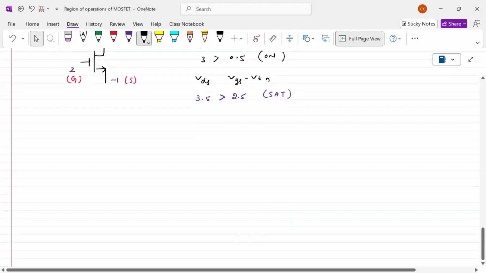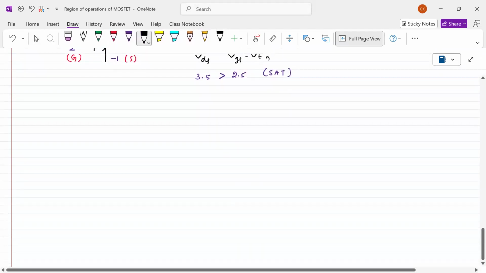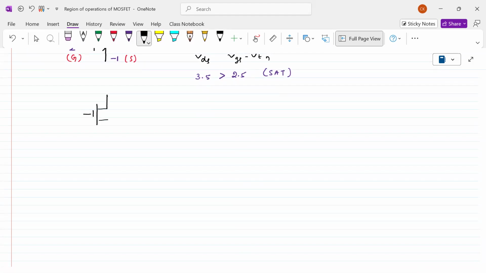Okay, let us look at it this way. Suppose the terminals are at some volts, 2 volts, and 5 volts. If someone didn't tell you which one is the source, the drain, or the gate, and asks you for the region of operation, what can you say?